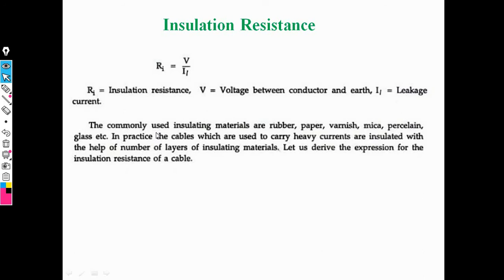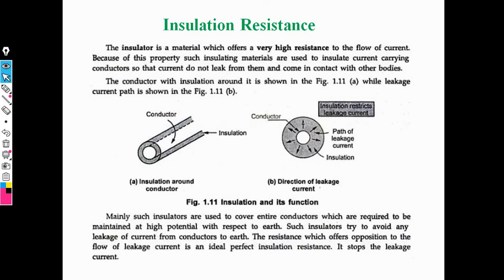This is the very important definition of insulation resistance: R is equal to V by I, where Ri indicates insulation resistance, V means voltage between conductor and earth, and IL means leakage current. Insulation resistance is measured in ohm. This is the concept of insulation resistance.